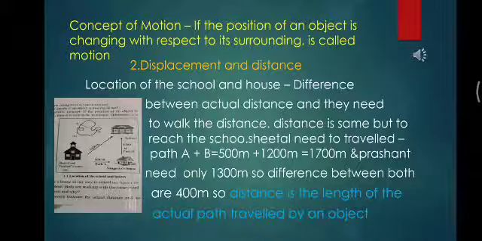That's why he needs to travel only 1300 meters. So the difference between the two travels is 1700 meters minus 1300 meters, equal to 400 meters. From the above explanation, we can define distance. Distance is the length of the actual path traveled by an object.